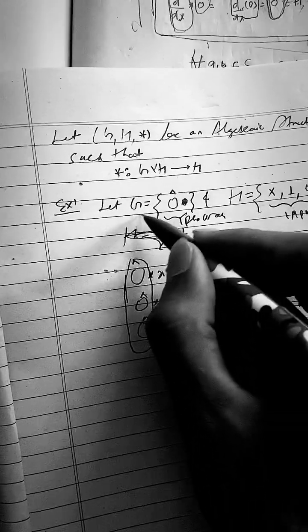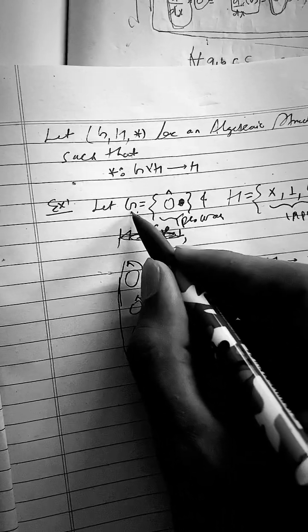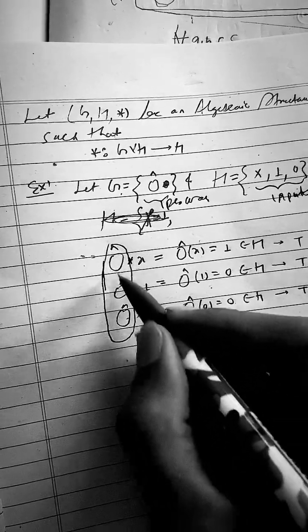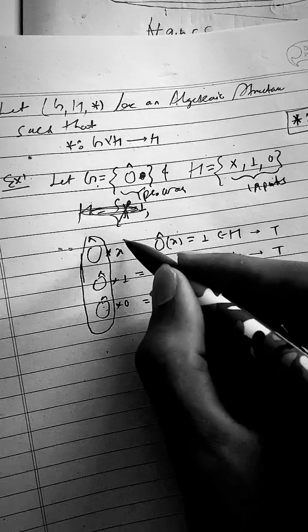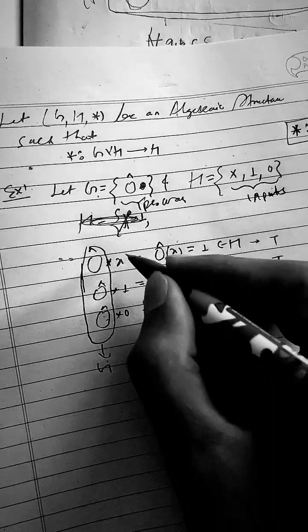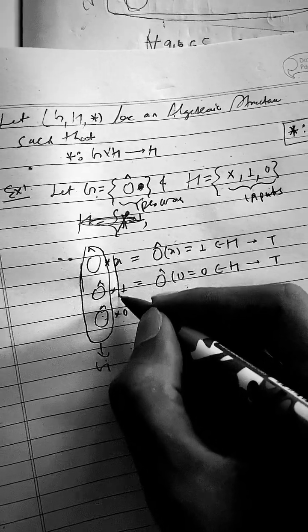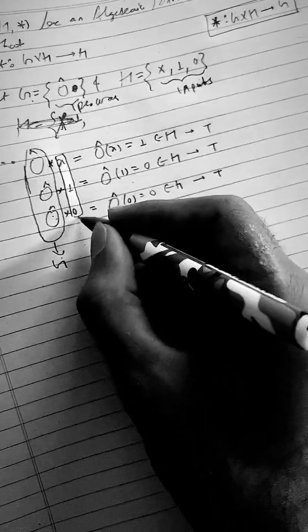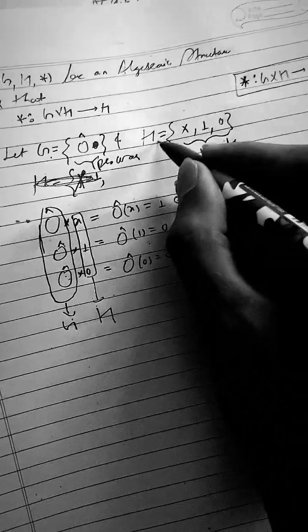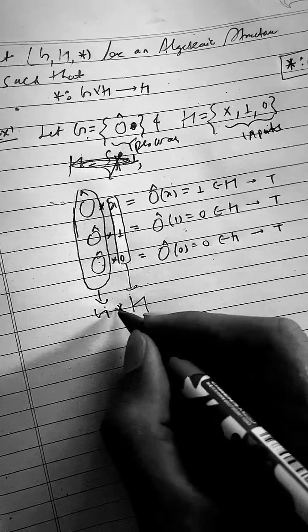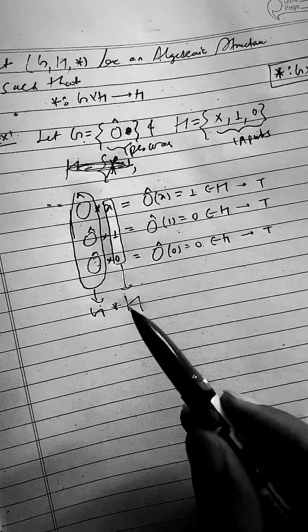This processor is coming from this set G, so we have a set G with an operator O. It is the same processor acting on data inputs, and these are coming from H. We can see here these are coming from H, and then there is an operation G going on.